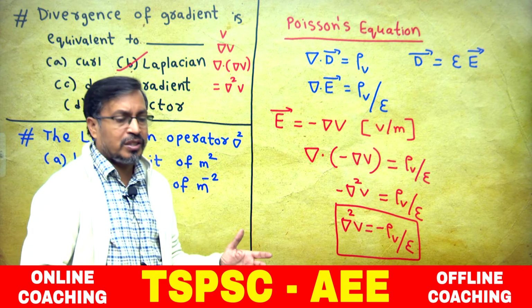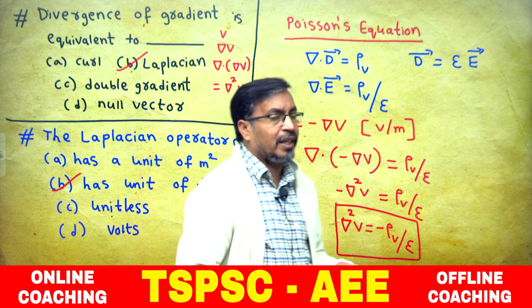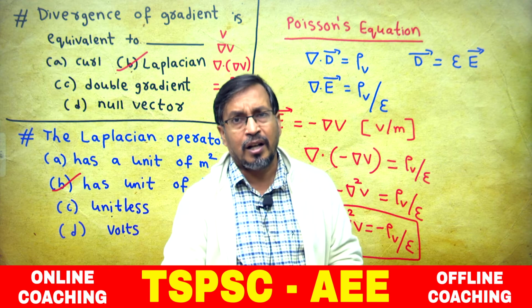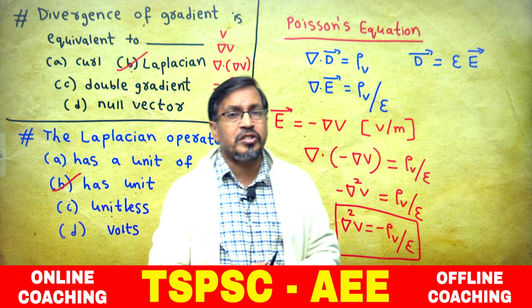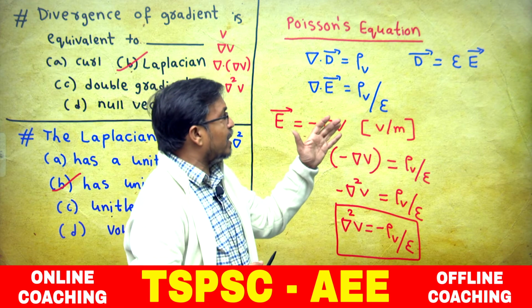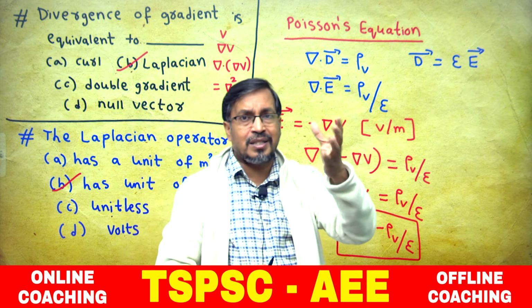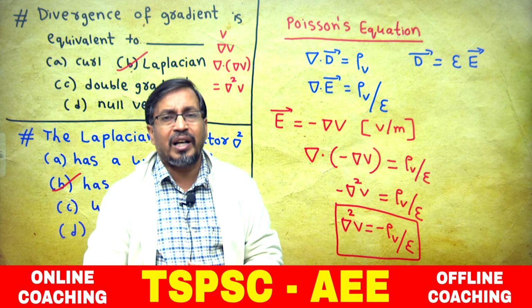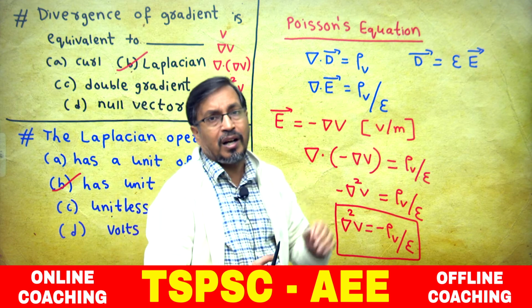That is why they ask the question, to determine Poisson's equation, the following operation is required: Laplacian. At the same time they ask, to derive Poisson's equation, the following Maxwell equation is required. So, the answer may be del dot D equals rho V or divergence of E equals rho V by epsilon.